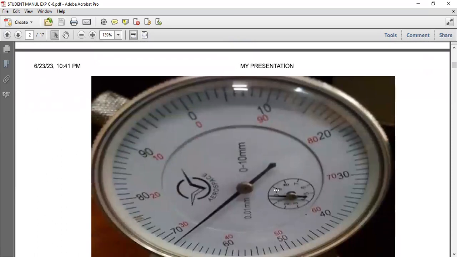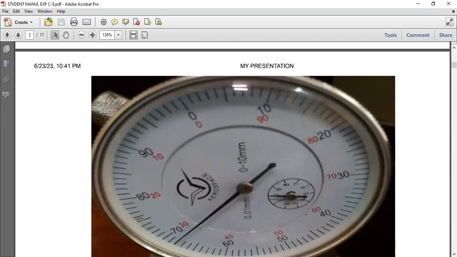So a dial gauge is, as you can see, it consists of two scales. We have the outer scale, and we have this, called the revolution counter. So this inner scale shows the number of rotations made in the outer scale. Basically, here you can see that it is still at 0 rotation, and the outer scale is reading 68.